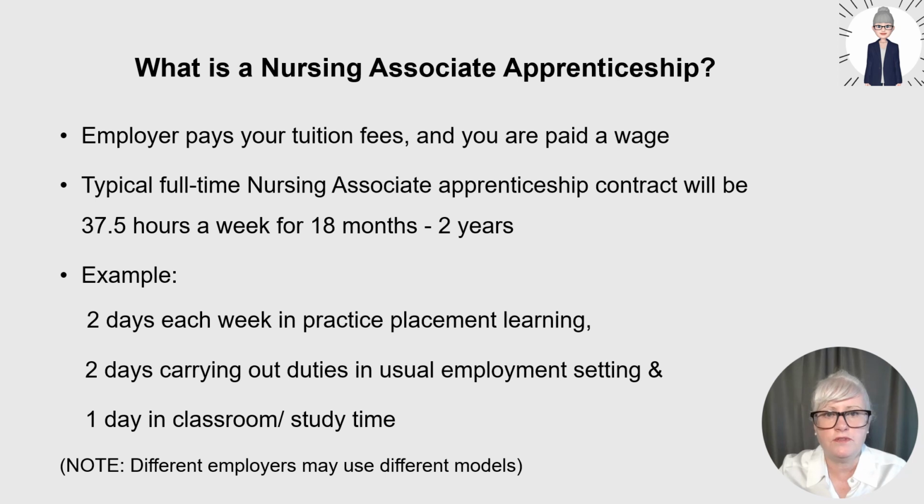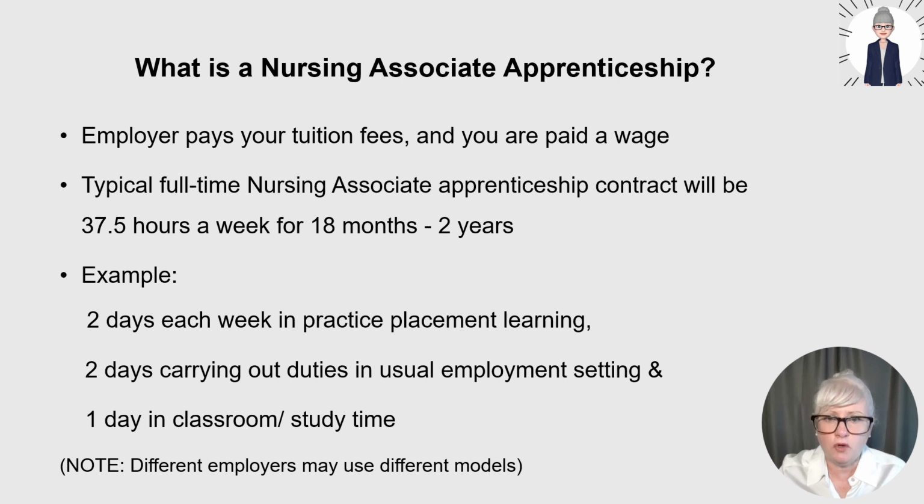So there are two routes to get into nursing. You can choose either the traditional route at uni, where you self-fund and you pay your own tuition fees, or alternatively you can go down the apprenticeship route, where the employer pays your tuition fees, but they don't just pay them for nothing. They're hoping that you're going to stay on with them as an employer as you're working for them.